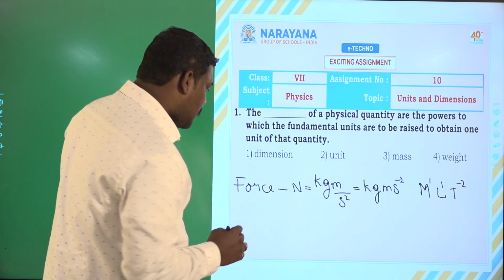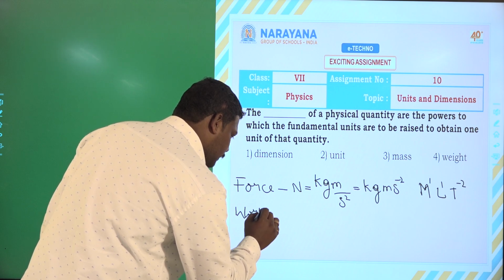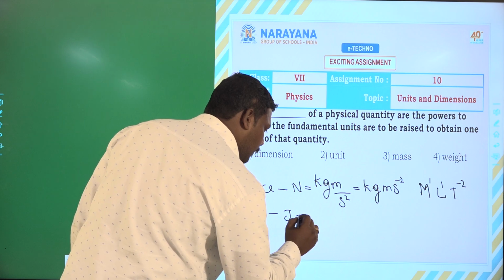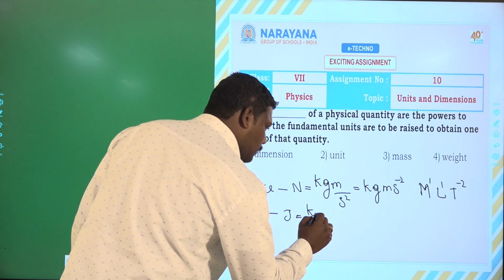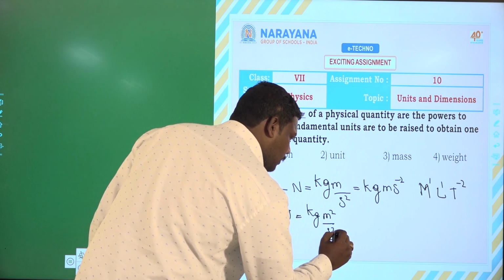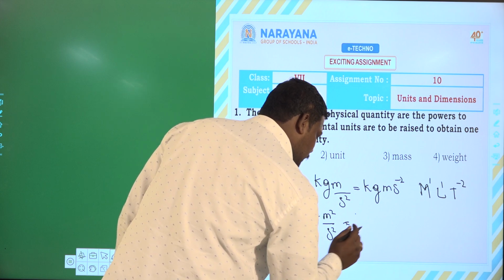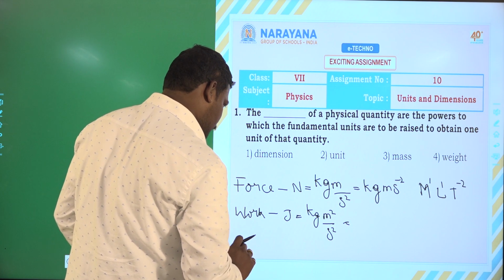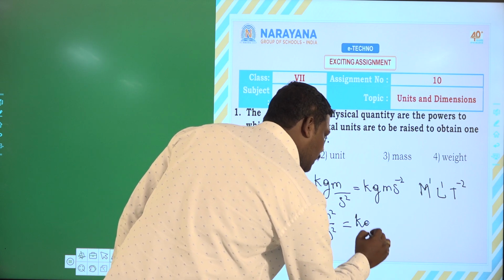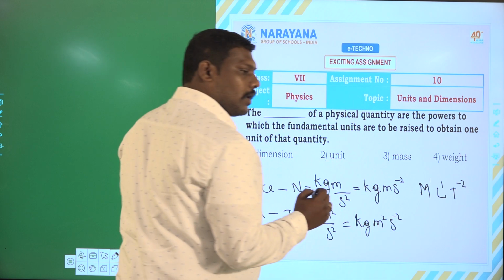If I take another example, let us say work. Work unit is joule, which is equal to kg meter square per second square.